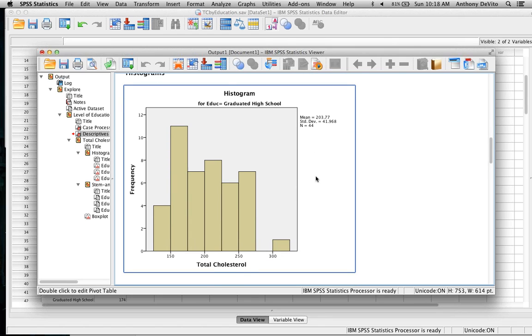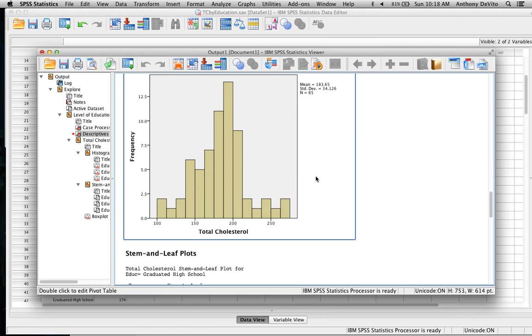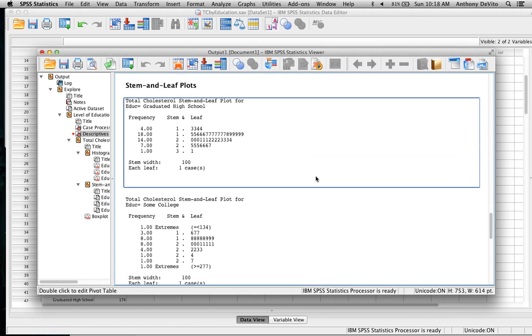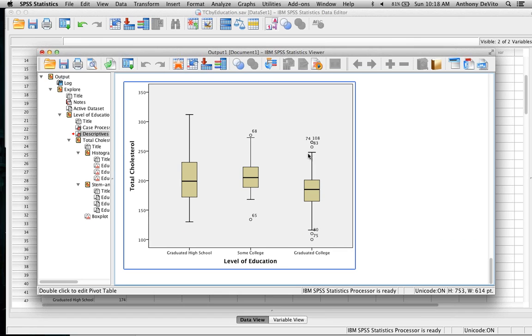Here are our histograms, roughly normally distributed, and also roughly normally distributed. That looks fairly satisfactory. And here are my box plots. I can see there's a lot of variability here, but I can also see that, gee, it looks like people that graduated college had somewhat lower levels of cholesterol than people that only graduated high school.